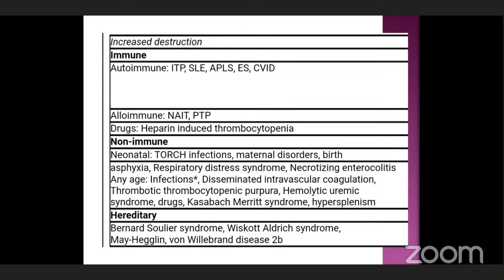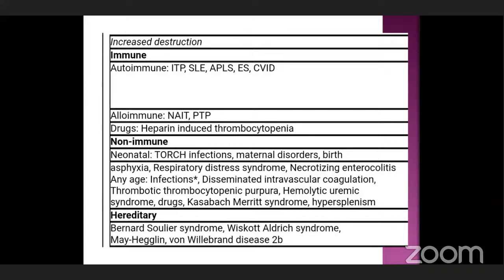So what are the causes for thrombocytopenia? So now we are going to see what are the major causes by which platelet count is decreased in our body. First is immune. That is, by immune mechanisms, the platelets are destroyed. That is, antibodies are acting against the platelets and destroying them. That is what is known as immune type of thrombocytopenia.